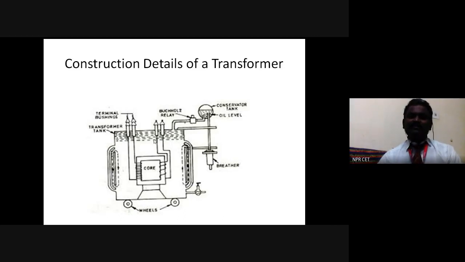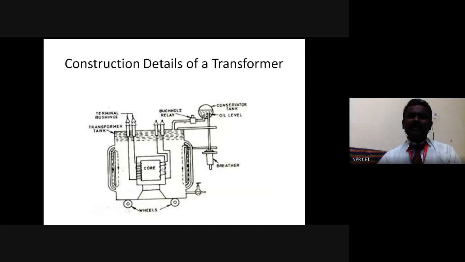This is the insulators. And another thing is the conservator tank. So the use of the conservator tank is that some of the excess oil is stored in the conservator tank. Why are conservator tanks used? When the transformer operates under loading, the temperature may rise as current increases.